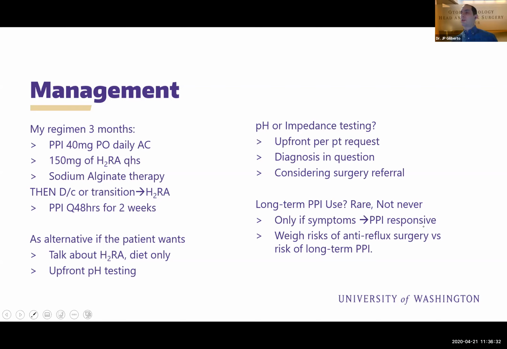So, we can talk about the risks of keeping them on those medications long-term versus the risk of the operation, or suffering through the symptoms of the cough itself. So, these are all lengthy patient conversations, and every patient is specific. There's no cookie cutter way to approach it, but those are just some pearls from how I will either start or transition patients off proton pump inhibitors.